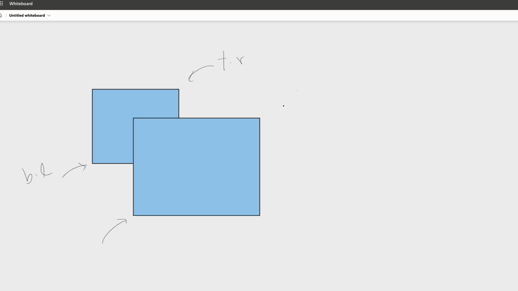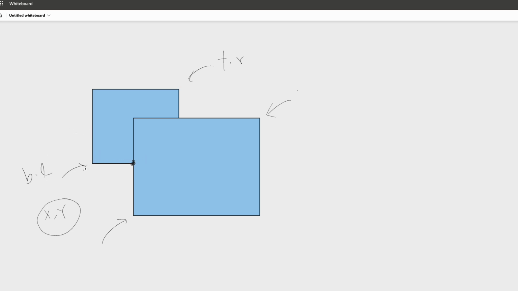For these two rectangles, we can calculate the intersection point of the bottom left corner for the x axis and y axis separately, using the same logic we have seen earlier.